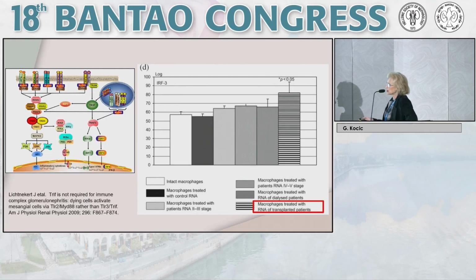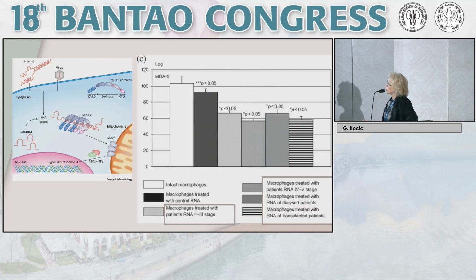The similar situation has been documented for interferon-related factor 3, which is presumably responsible for secretion of interferon beta, while IRF7 is responsible for secretion of interferon alpha. What about MDA5?